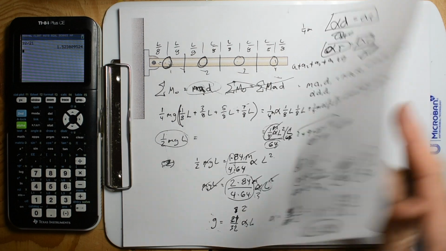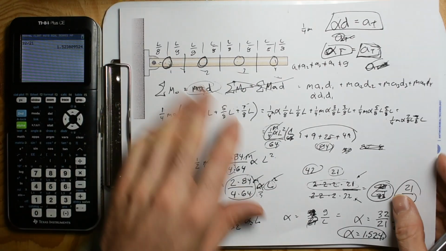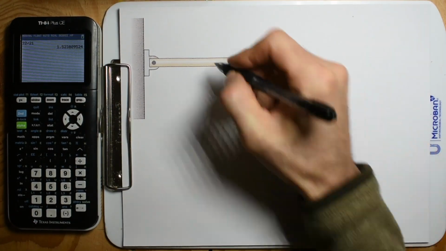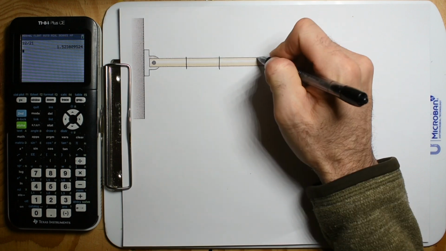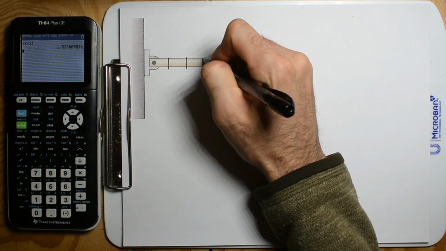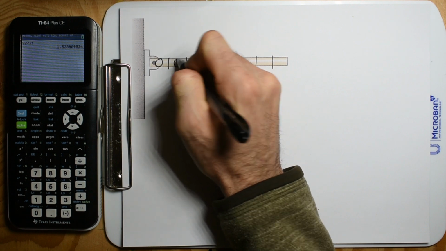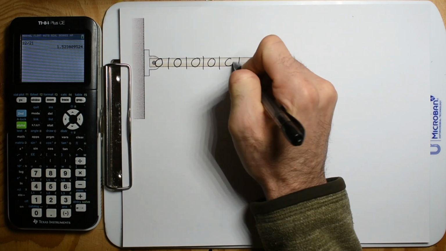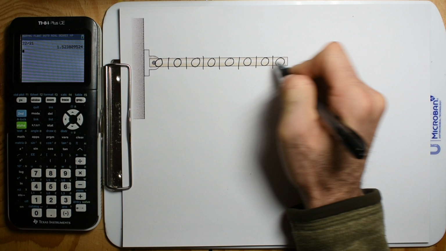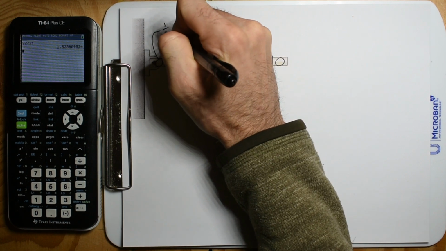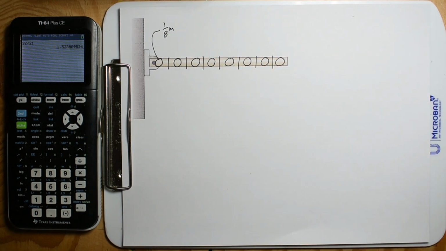All right, sweet. So let's do this one more time and use 8 masses. So we're going to divvy it up into 4s and then again into 8s, and now we're going to put the masses right there. So each of these masses are 1/8 m of the total mass.